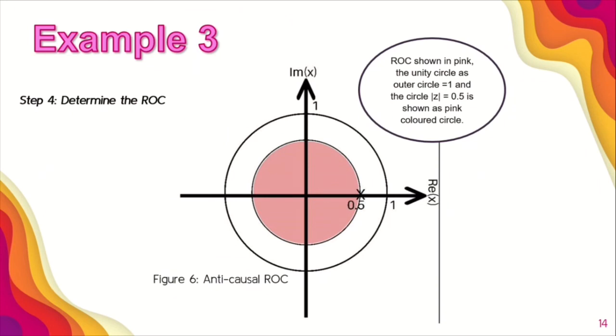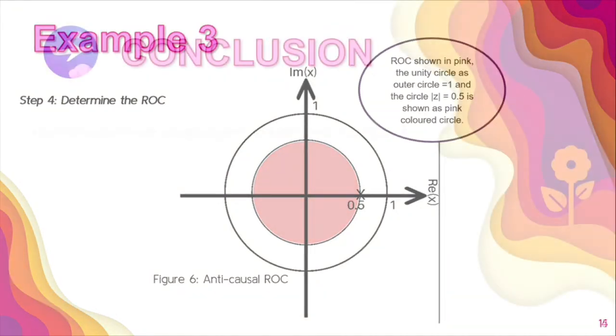Thus, the ROC is |z| less than 0.5. In this case, the ROC is a disc, as shown in pink color. The unit circle is the outer circle, which is equal to 1, while the circle in the center is |z| equal to 0.5.